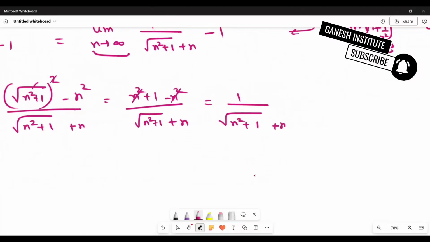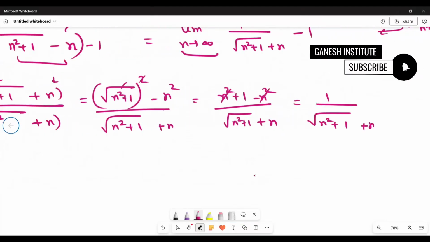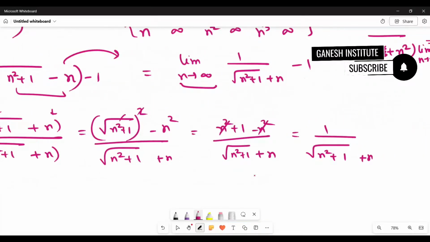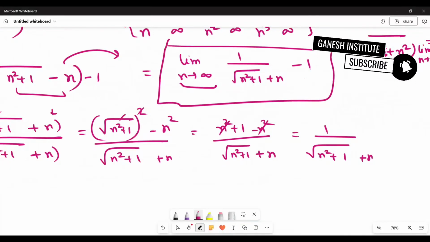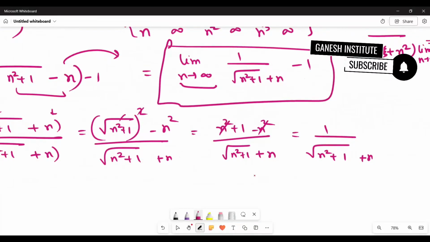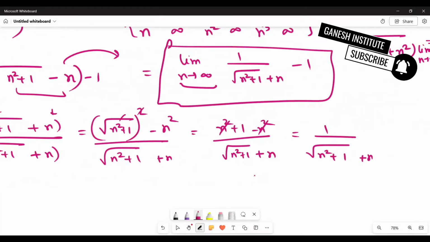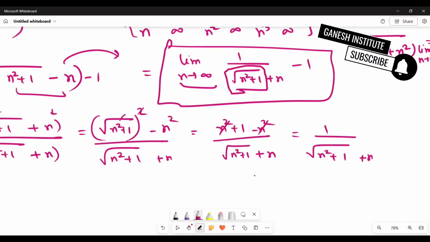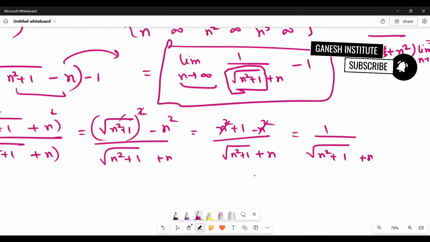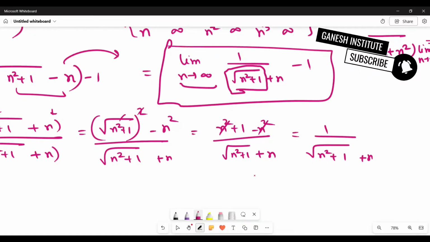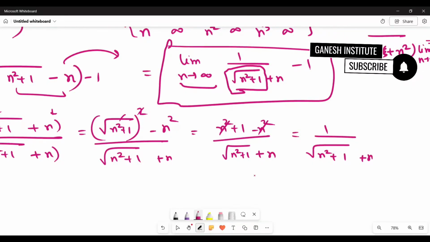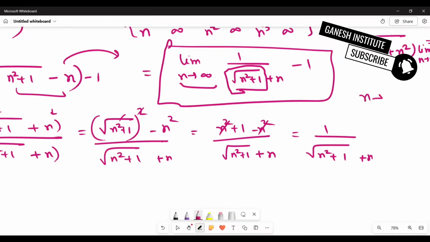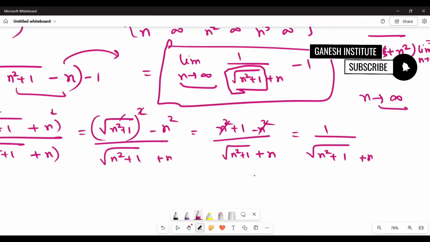Yeah? So now where's the question here? Actually, this is my question. So what should I do with it? Can you see root n square plus n? What do you think, as n increases, because n is tending to infinity, approaching infinity?